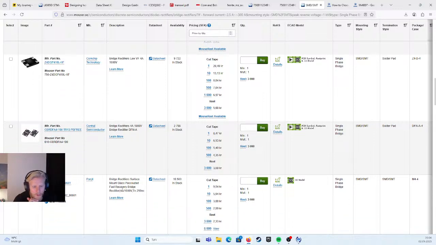What about this one? 4 amps. Bridge rectifier, surface mount glass passivated fast recovery bridge rectifier.